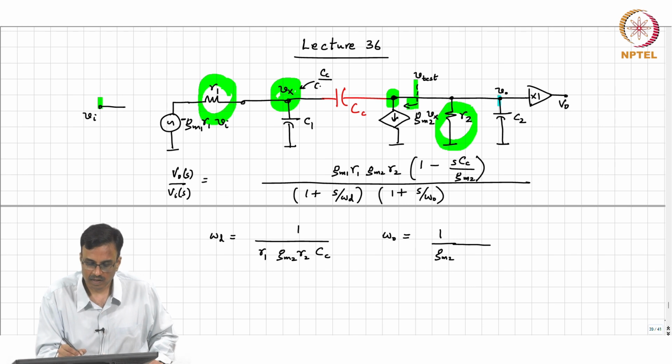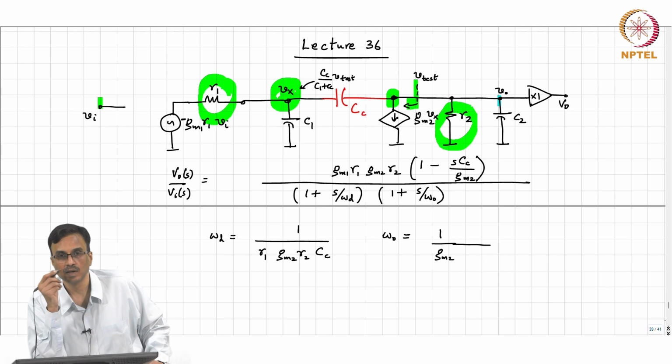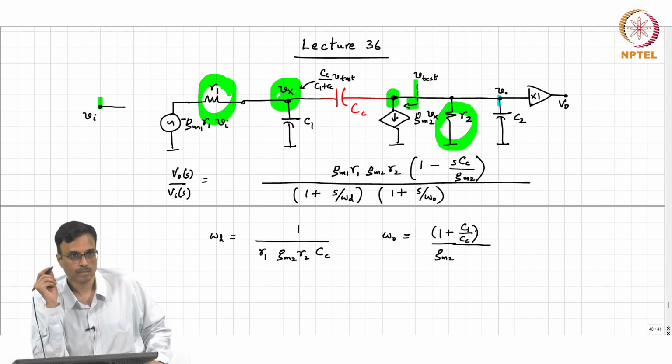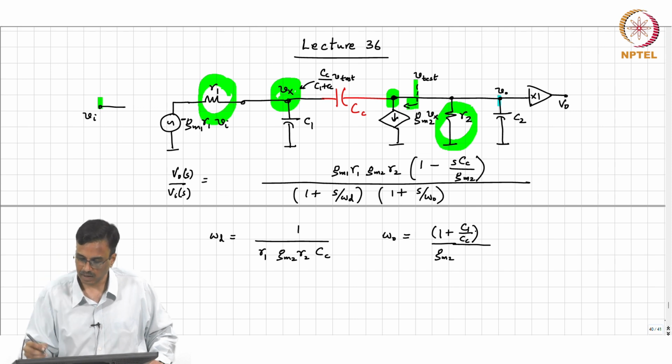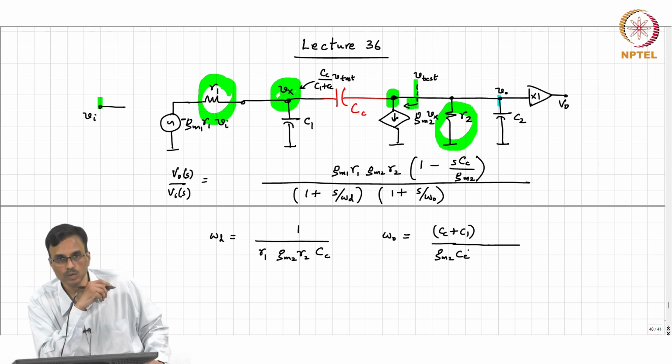Cc over C1 plus Cc times Vtest. So the resistive part of the current drawn will be 1 over Gm2 times Vtest. So this becomes 1 plus C1 over Cc. And as Cc tends to infinity, this must be tending to 1 over Gm2.